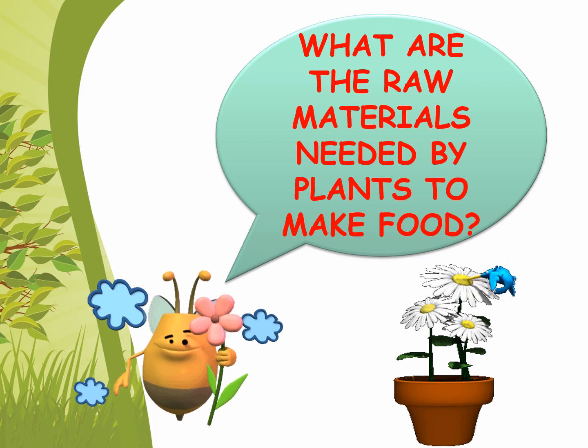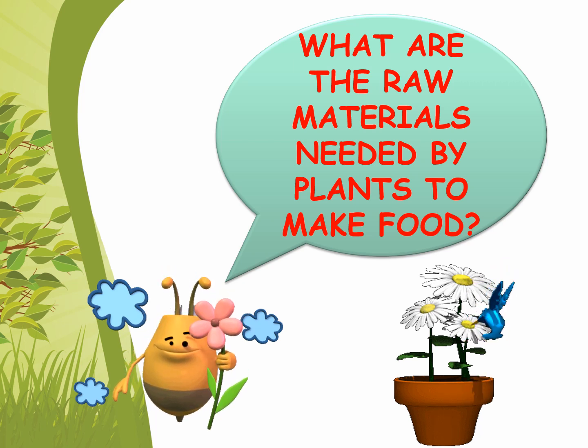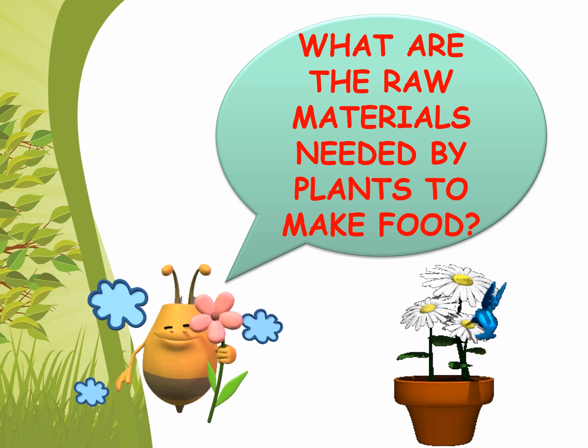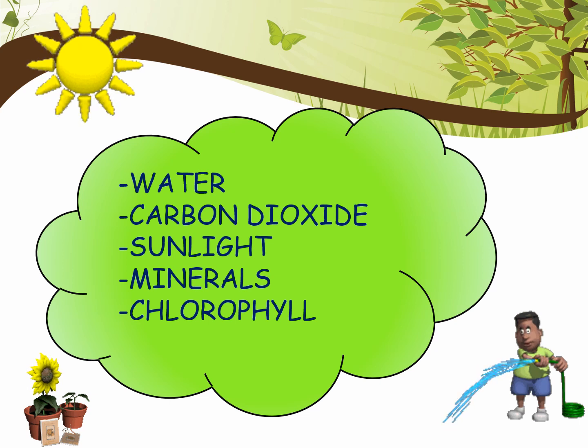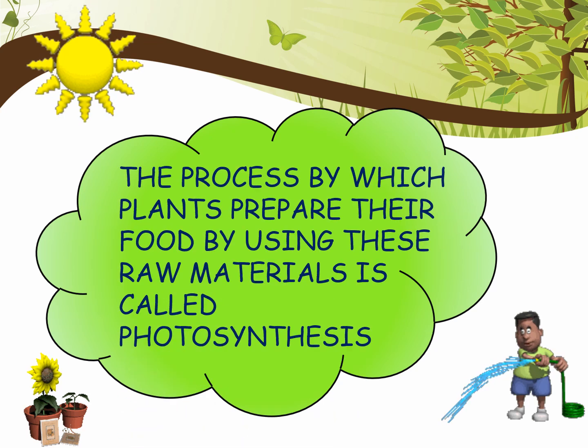Can you tell me what are the raw materials needed by the plants to make food? They are as follows: water, carbon dioxide, sunlight, minerals, chlorophyll. The process by which plants prepare their food by using these raw materials is called photosynthesis.